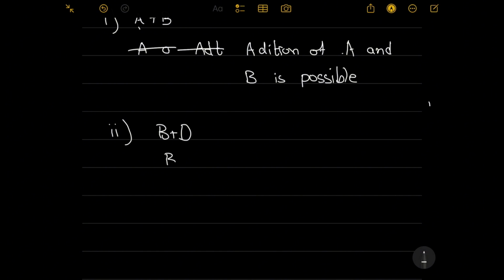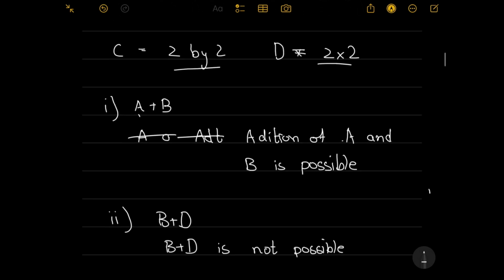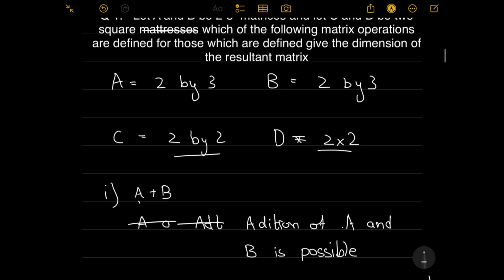So B plus D is not possible. By the way, we left one thing in the first part, which says to give the dimension of the resultant matrix.